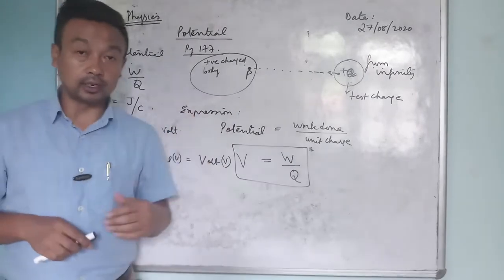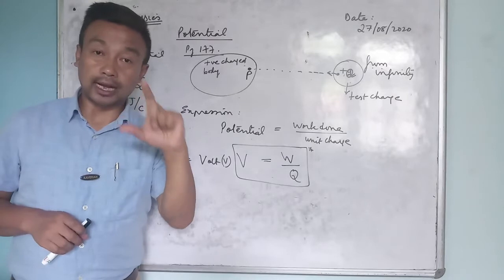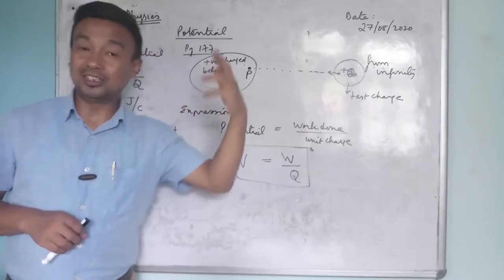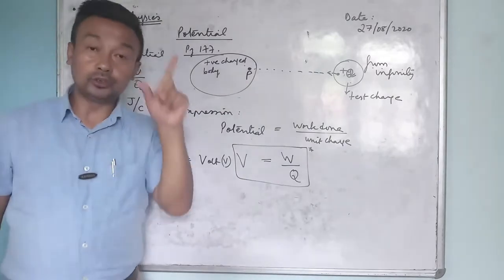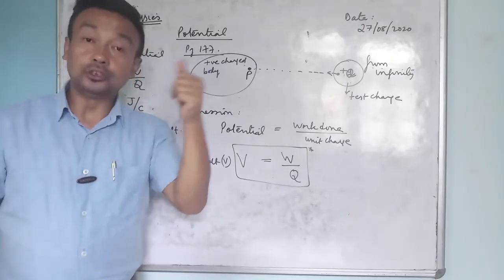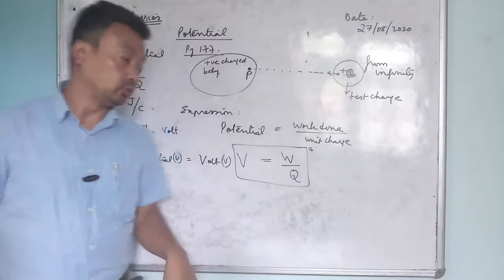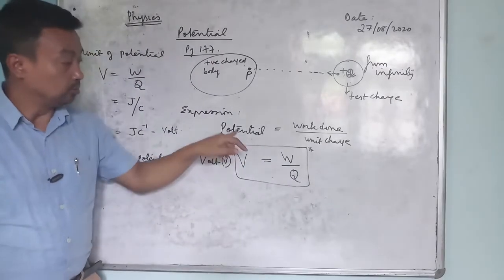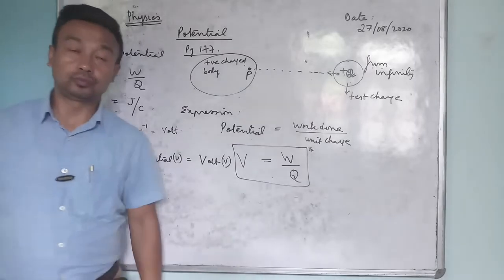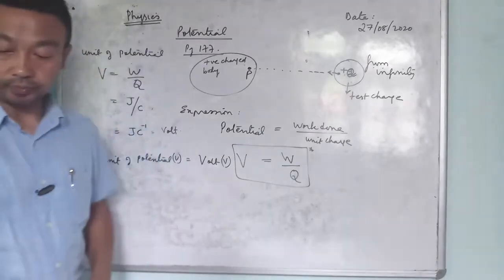Whereas in case of the current, the symbol is I, but its unit is A, ampere. In case of the charge, the symbol is Q and its unit is capital C, coulomb. Whereas for potential, both the symbol and the unit are capital V.